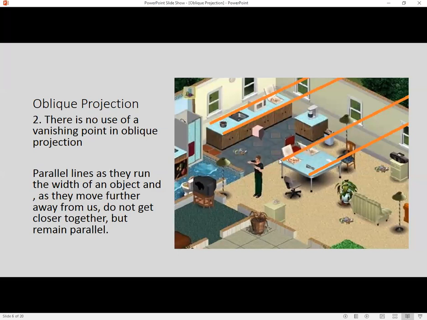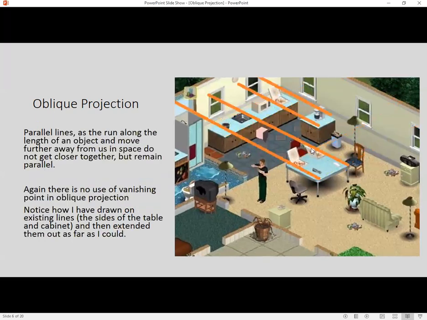So the width of this table, if we draw along the edge and extend it out on either side, it remains pretty much the same distance apart. Same thing with this counter in the kitchen. We run along the width of it, and those lines are parallel, and they do not converge upon one another. They do not get closer together, and objects do not appear to look smaller the further away they are in space. Then we go along the length of the object, same thing.